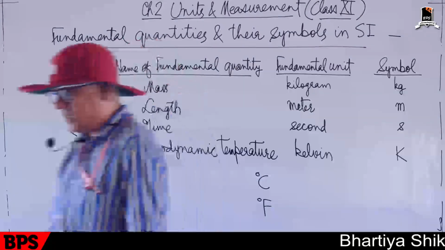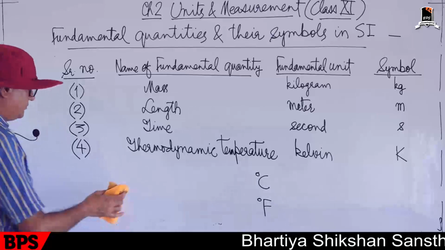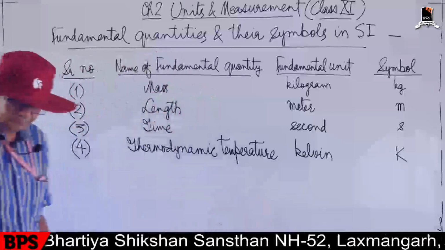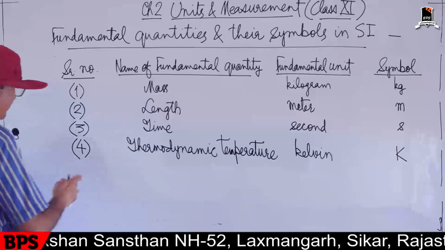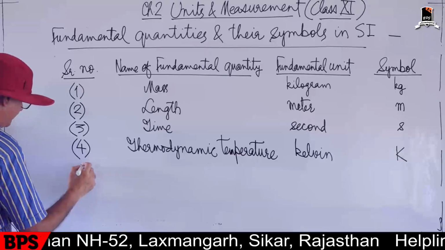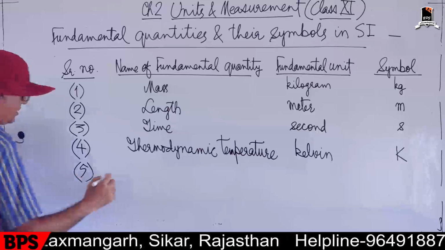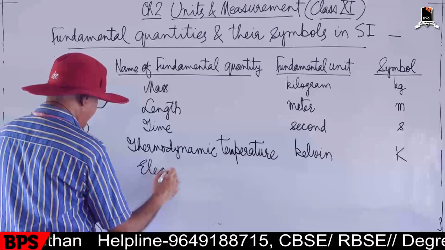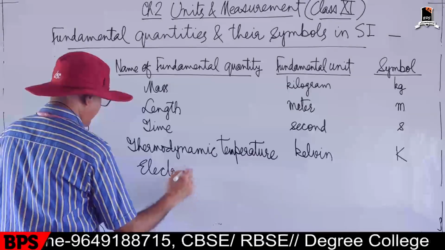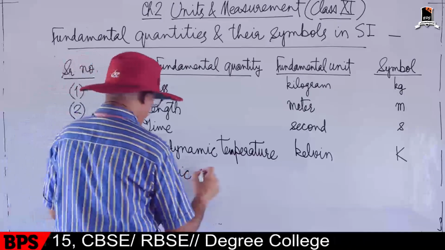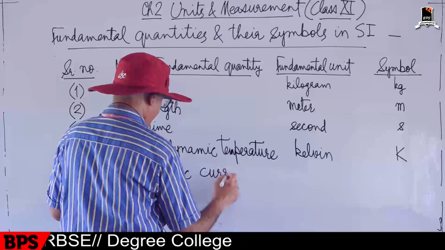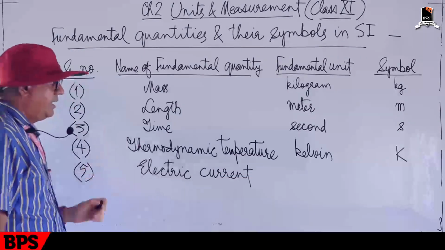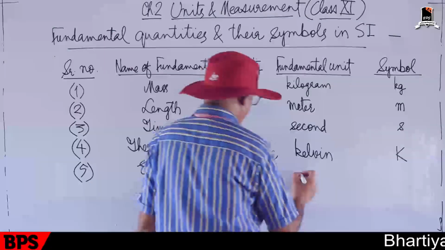Now the fifth fundamental quantity is electric current. Its unit name is ampere.